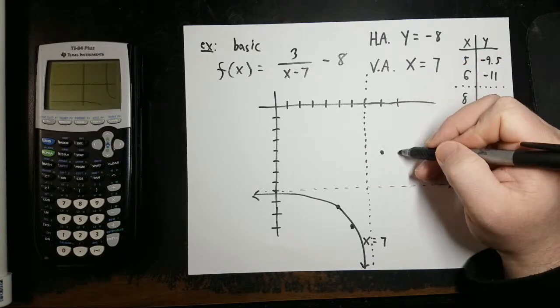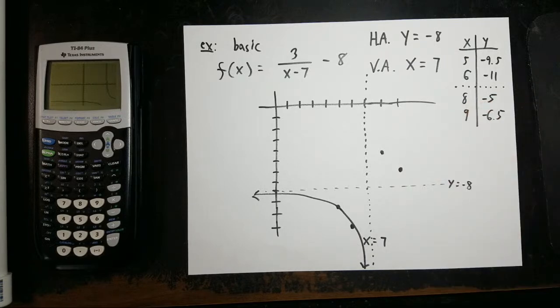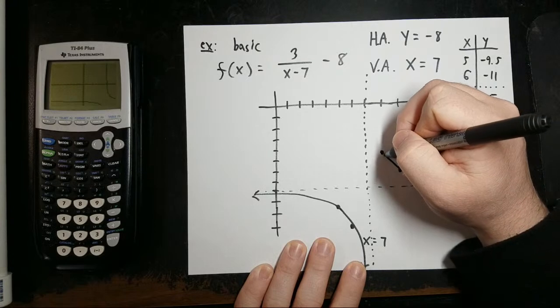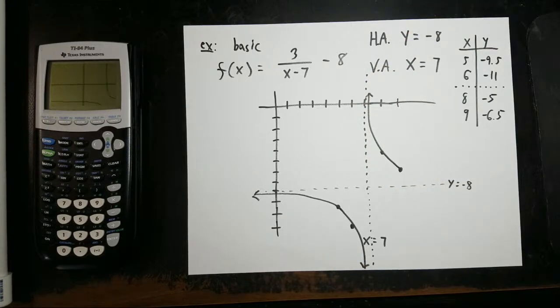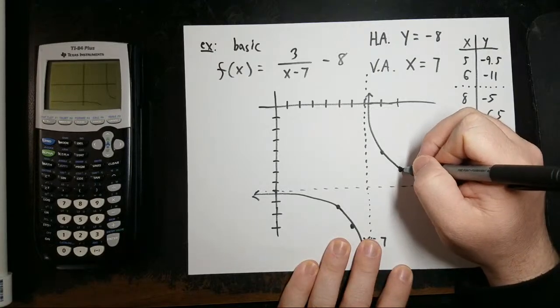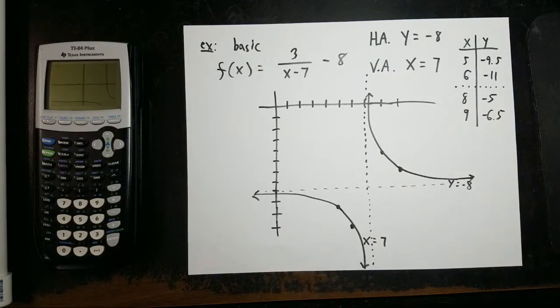And then 9 and -6.5, which is about right there. And again, it's following that curve where it is going to avoid that vertical asymptote, and it is going to flatline going to the right, following that horizontal asymptote. That's what this graph looks like.